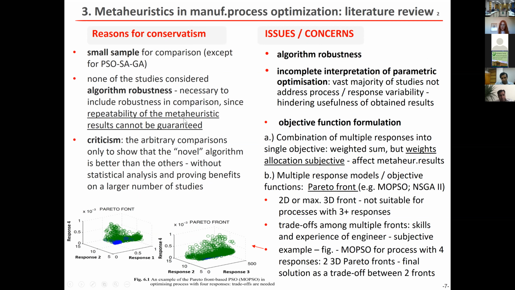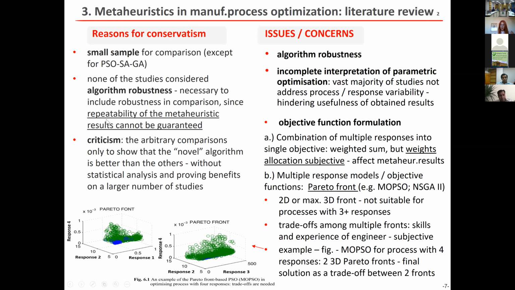First of all, for some comparisons, the sample was rather small. And second, meta-heuristics are relatively tricky for application, mainly because of repeatability, because the repeatability of meta-heuristic algorithm results cannot be guaranteed.